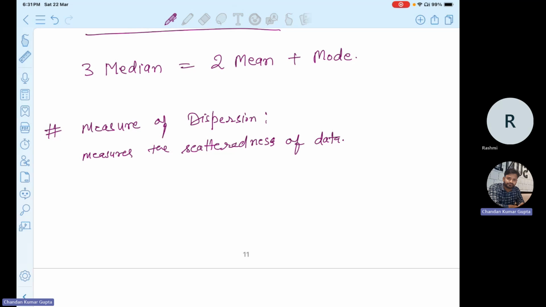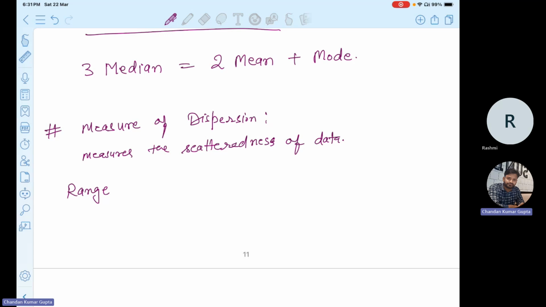There are different kinds of measures to measure the dispersion of a data set. We have range, variance, standard deviation, coefficient of variation, and so on. Like mean deviation about some particular point, mean deviation about median, mean deviation about mean. There are lots of measures.